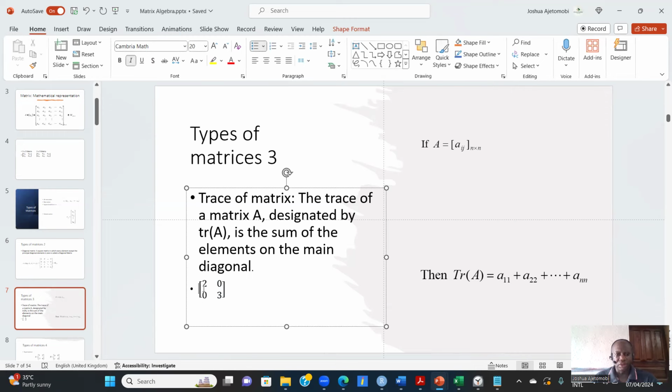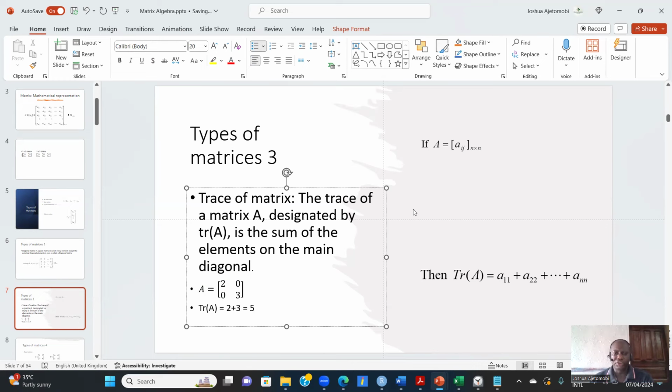So the trace of this matrix A equals 2 plus 3, which is equal to what? 5.